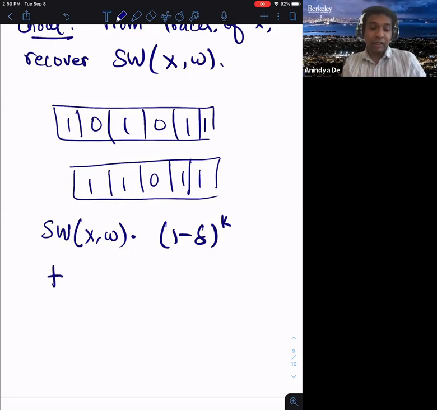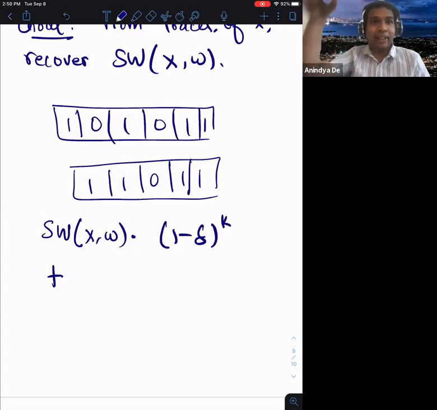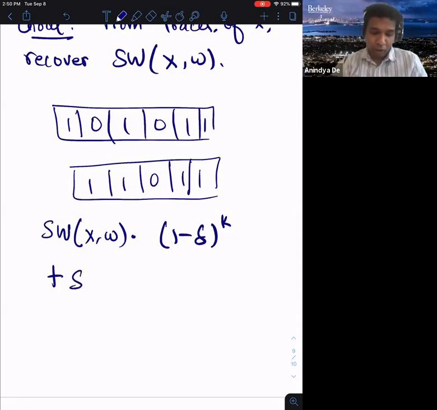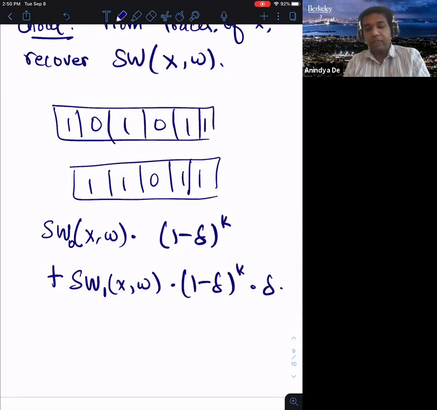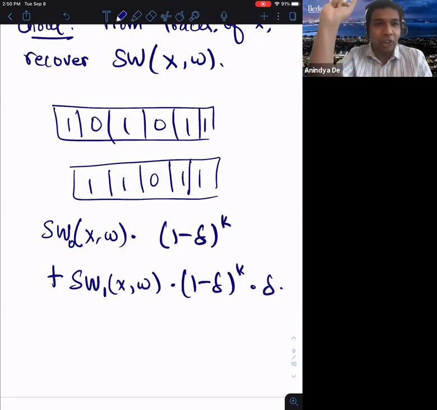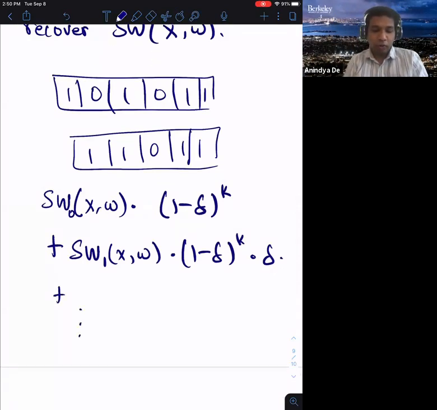Then there are subsequences in x which upon one deletion become a subword. Let me call that SW_1,x(W). These are subsequences in x which after one deletion look like W. Well, that would be (1 minus delta) to the k times delta, because that one bit in the right position needs to get deleted and everything else needs to get retained. So on and so forth.